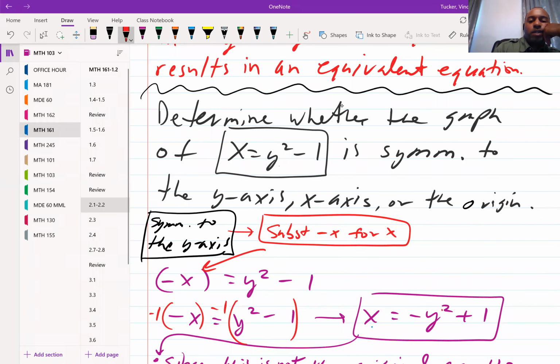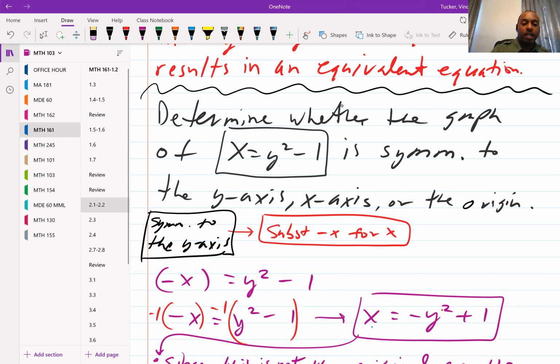That's what I did right here. And then you would solve it. I would put it into the form that we have here, x equals. So I would solve it for x and then see what's to the right of x and see if it's the same thing that you have originally. So you have negative x equals y squared minus 1. But I want to make a clean comparison and say x equals.